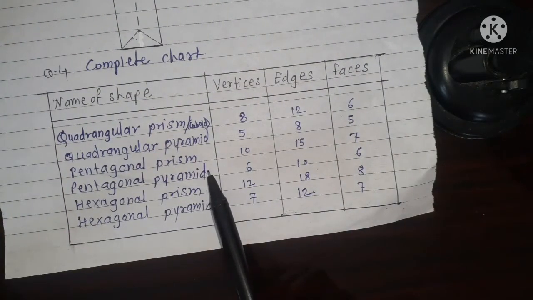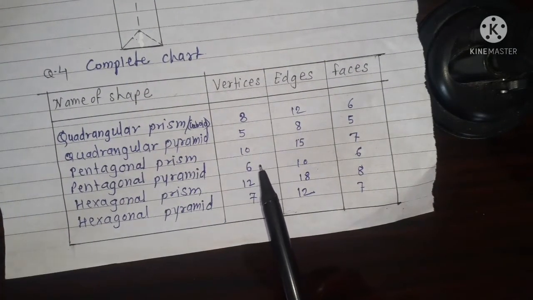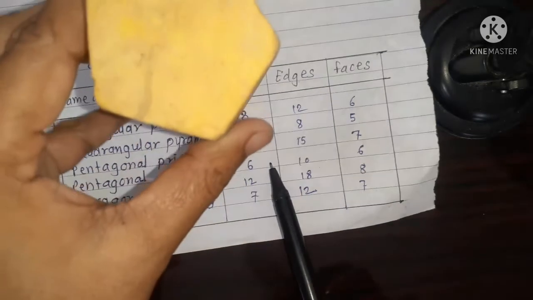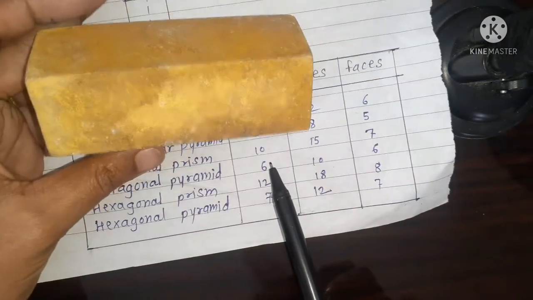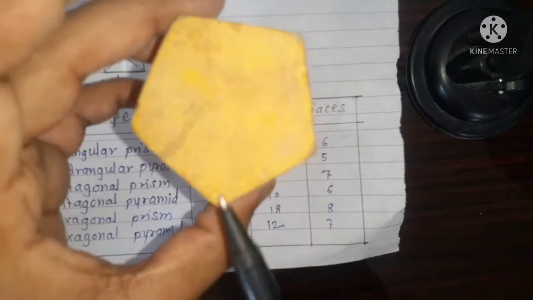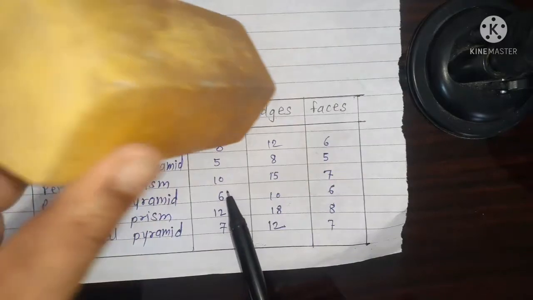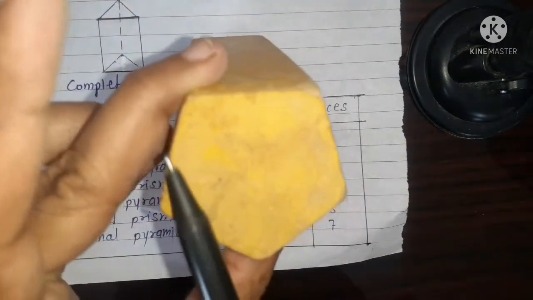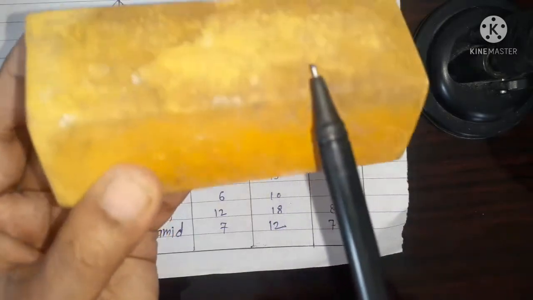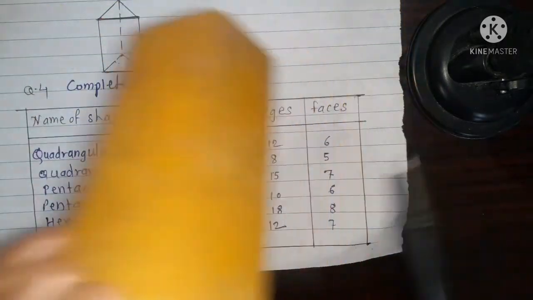Pentagonal prism. This is a pentagonal prism. We can count the vertices: 1, 2, 3, 4, 5, upper 5, lower 5, 10. Edges: 1, 2, 3, 4, 5, 6, 7, 8, 9, 10, 11, 12, 13, 14, 15.